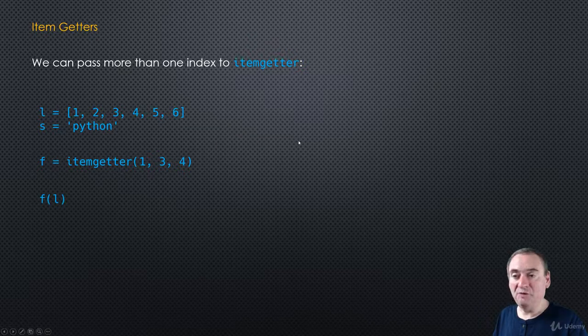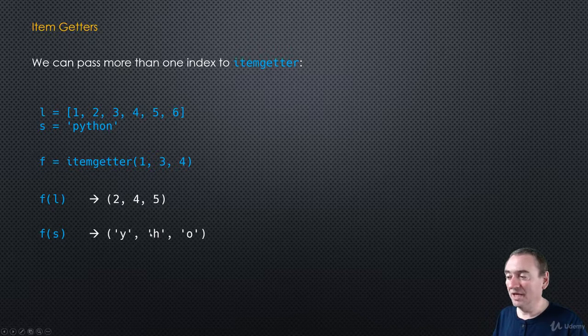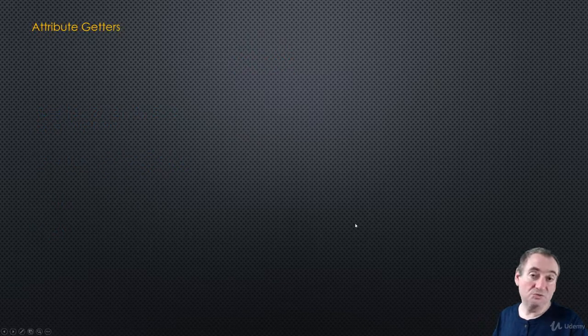So if we call f of L, we'll get 2, 4, and 5, because that's at position 1, 3, and 4. And if we do f of S, we'll get something very similar. We will get a tuple again, containing the elements at index 1, which is y, and then 3 and 4, h and o. So item getter can take more than one argument. And all it does is return that tuple.